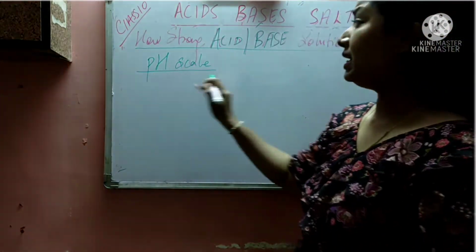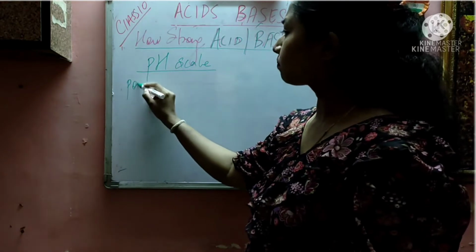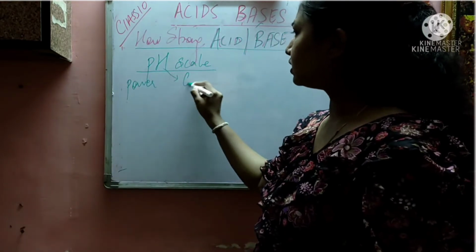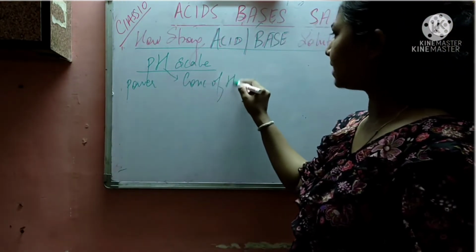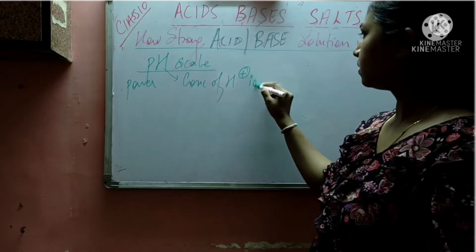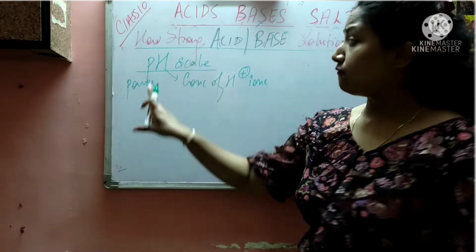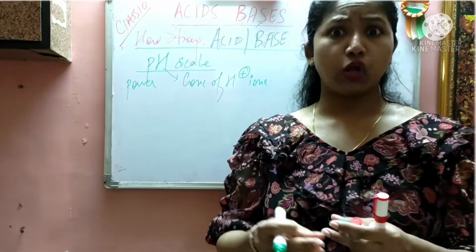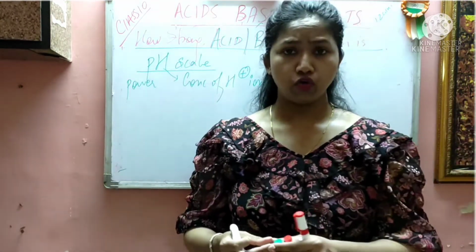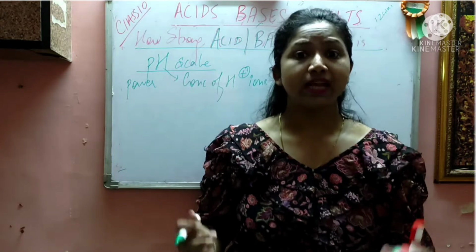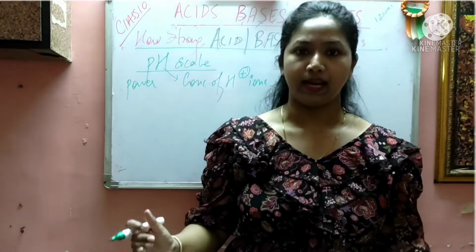Where P stands for power and H stands for concentration of H plus ions. We get to know whether the particular solution is highly acidic or highly basic with the help of the pH scale.